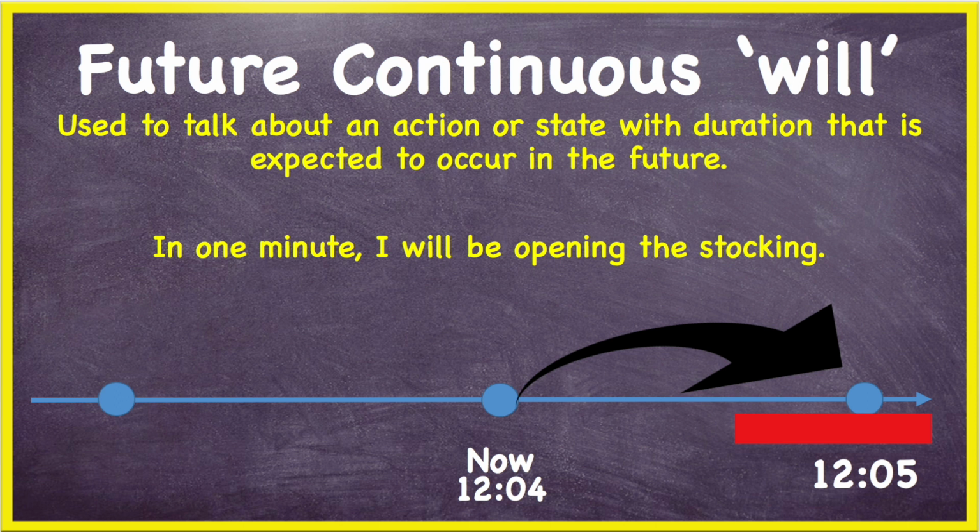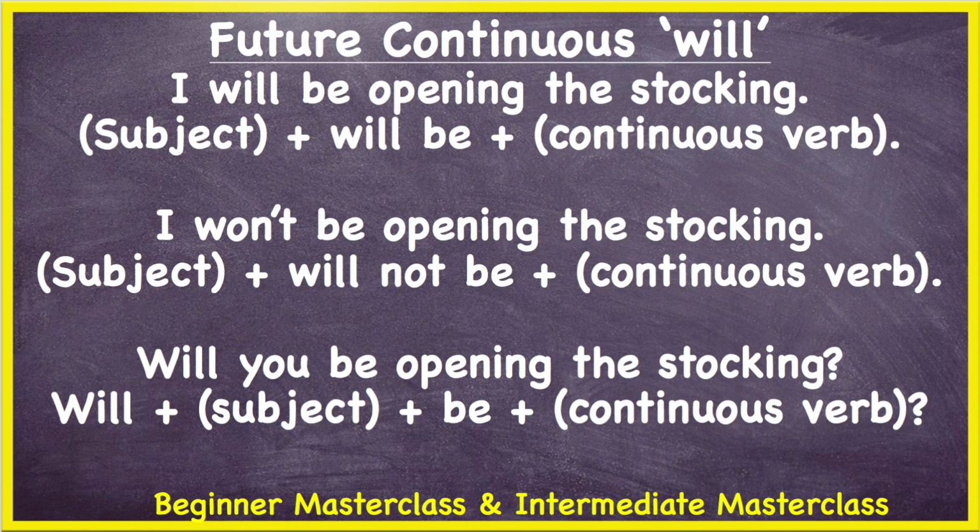So let's go over some of the structures. I will be opening the stocking. That is subject plus will be plus continuous verb, right? So now it's will be. We have to have the be before the ing verb, okay? And then in the negative, I won't be opening the stocking is subject plus will not be.